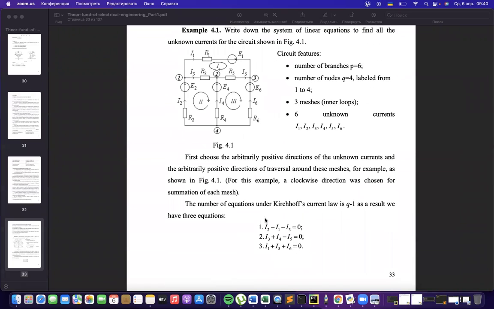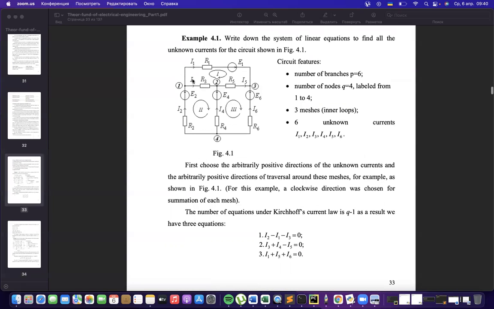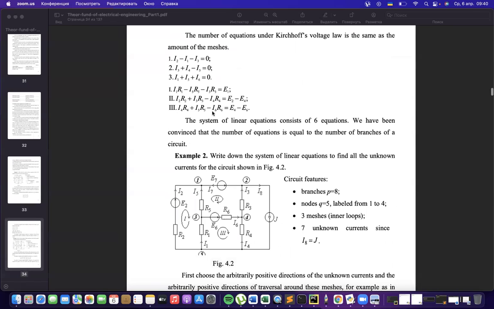And then it is the first half of the system. And the second half comes from meshes. How many meshes do we have? As many voltage equations we will write. We have 3 meshes here and write 3 voltage equations.